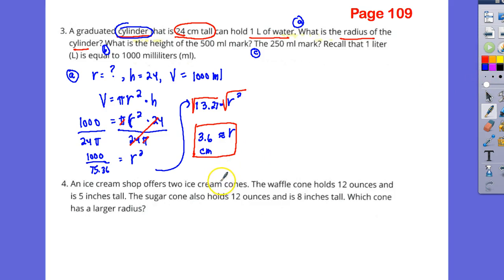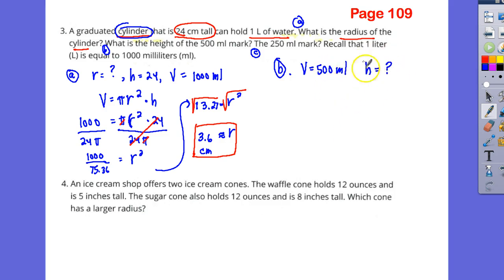Okay? Now for part B, the next one. They're telling you that the volume now is 500 ml and the height is what they're asking for.